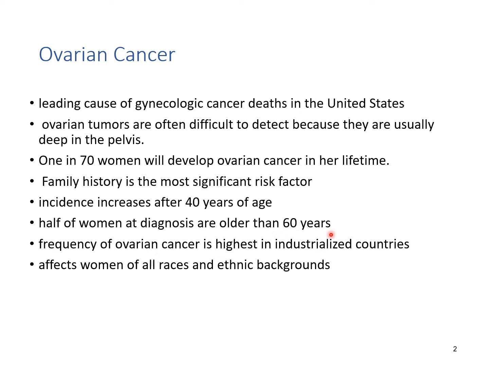Frequency of ovarian cancer is highest in industrialized countries, and it affects women of all races and ethnic backgrounds. I don't know what your thoughts are as to why it's higher in industrialized countries. Why do you think that is? That's something to think about.